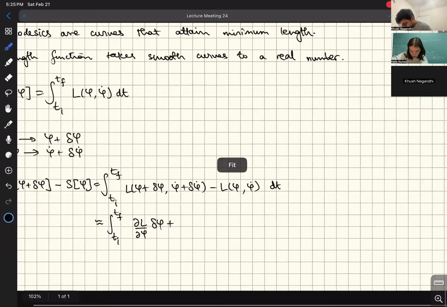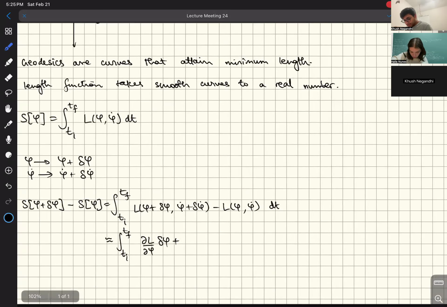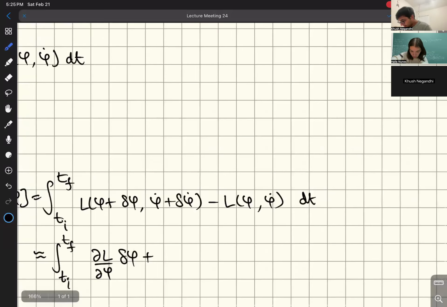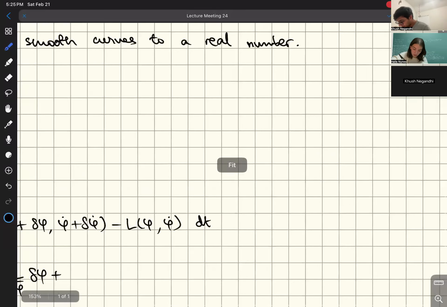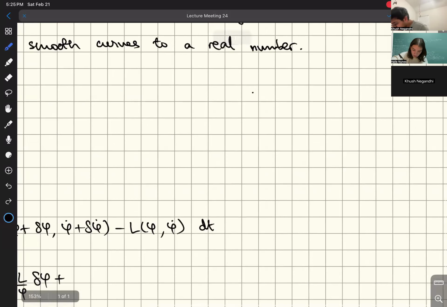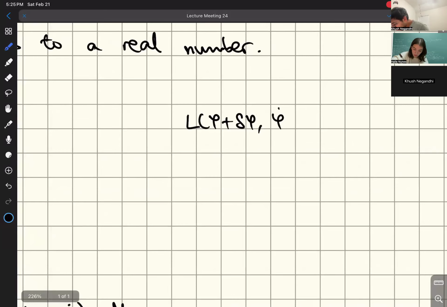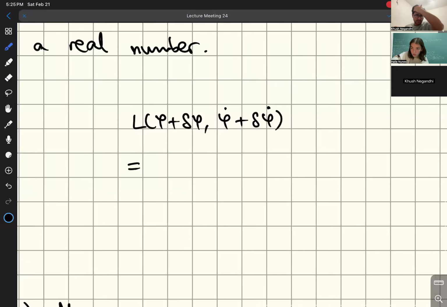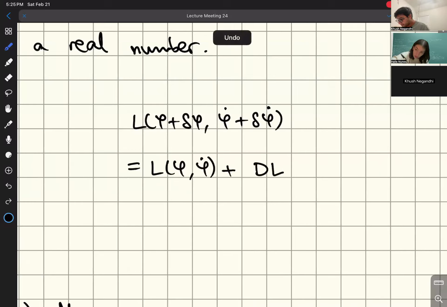Actually, we can write this a little better. Let's come to the side a little bit and look at this L term a little better. Now I can find its first order Taylor approximation, and it's going to be L at phi dot plus the derivative of L, in the sense of the Frechet or Gateaux derivative, whichever one.